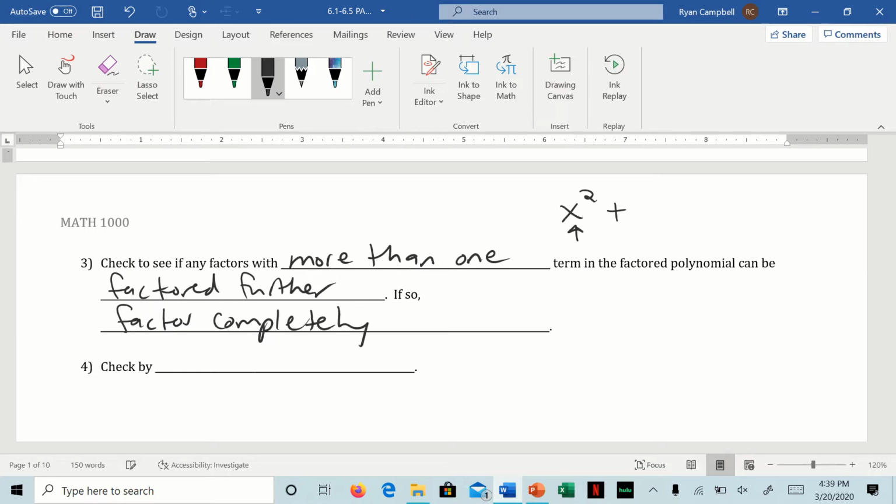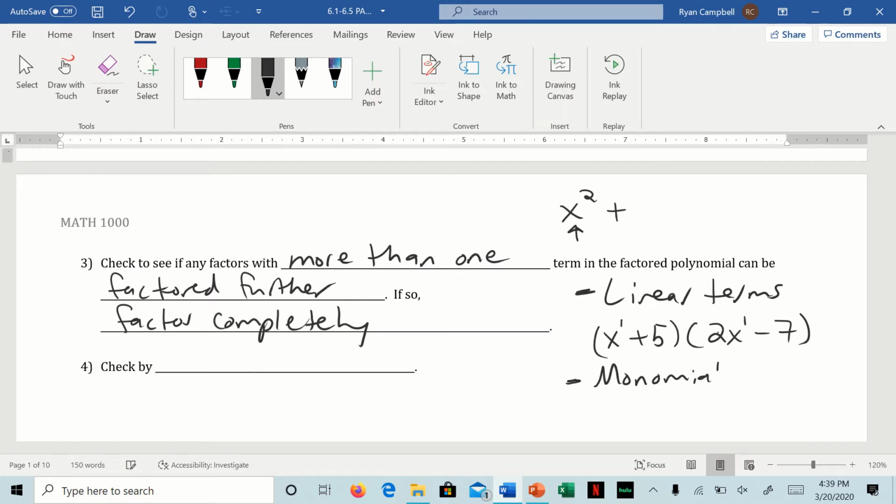So how do we know if we're done? That can be a way you ask yourself. If you keep going forever and ever, how do you know when you're finally done? If you have all linear terms, so it's x plus 5, 2x minus 7, basically every exponent is a 1, or you have monomials, so 3x, 7y squared.